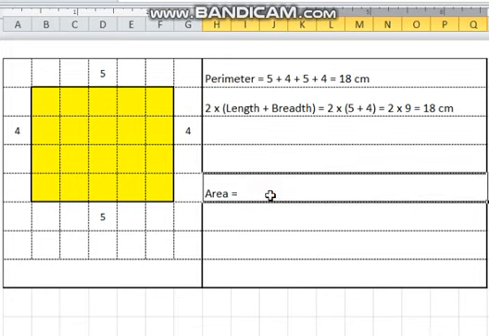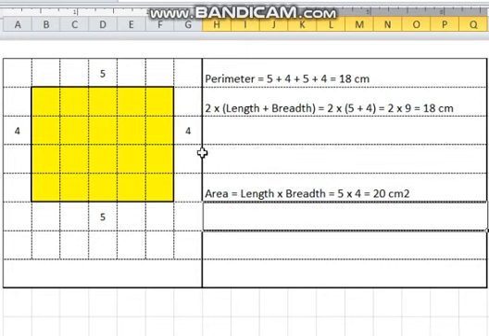And then for the area, I hope you still remember, I think you have learned about area also for rectangles. If we use the formula, it is the length times the breadth. Over here the length is 5 times the breadth is 4, and this is equal to 20 centimeters square.